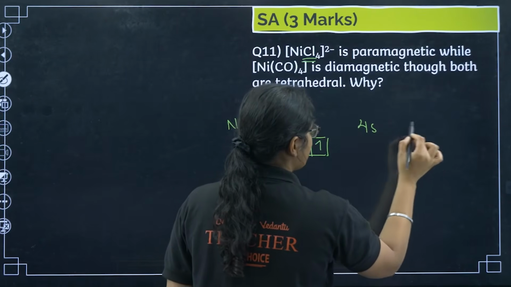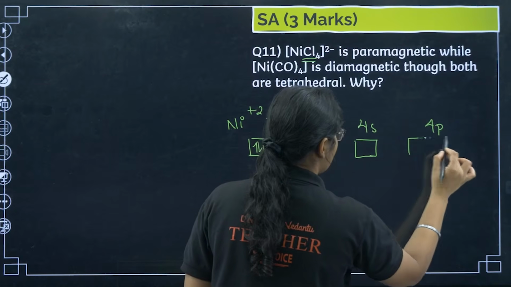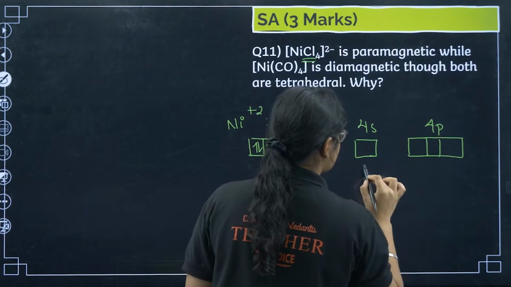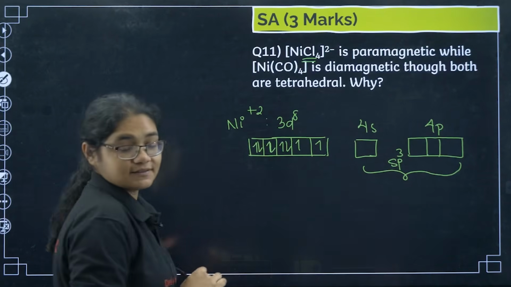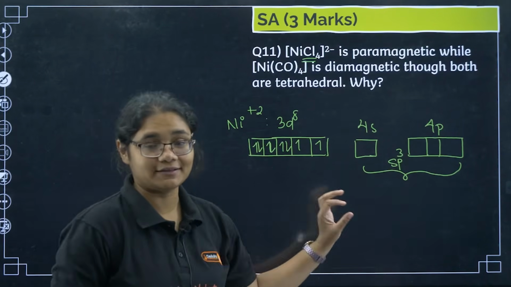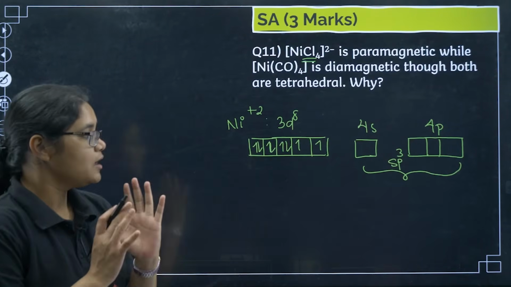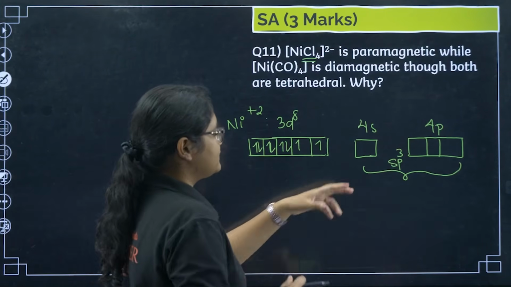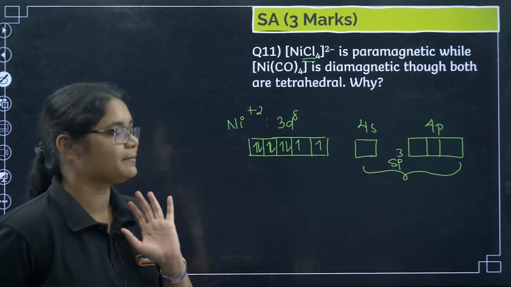So for bonding I will have 4s and 4p, and from 4s and 4p we will get sp3 hybridization. Because it is sp3 hybridization and there are unpaired electrons, this is paramagnetic.